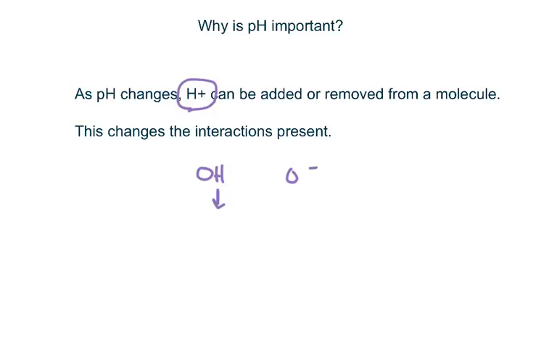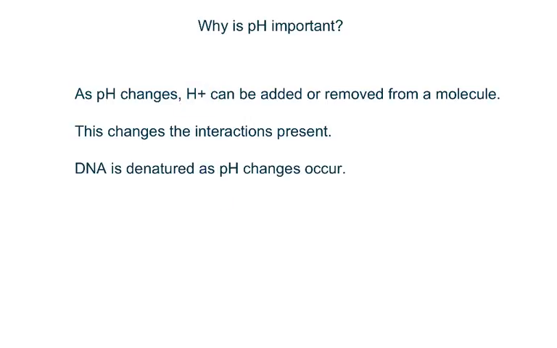So it will impact the types of intermolecular interactions that occur. We do know that DNA will be denatured as pH changes occur because of the interaction. And remember, with DNA, hydrogen bonding is very important because that holds the base pairs together. And then proteins will be denatured as pH changes occur.